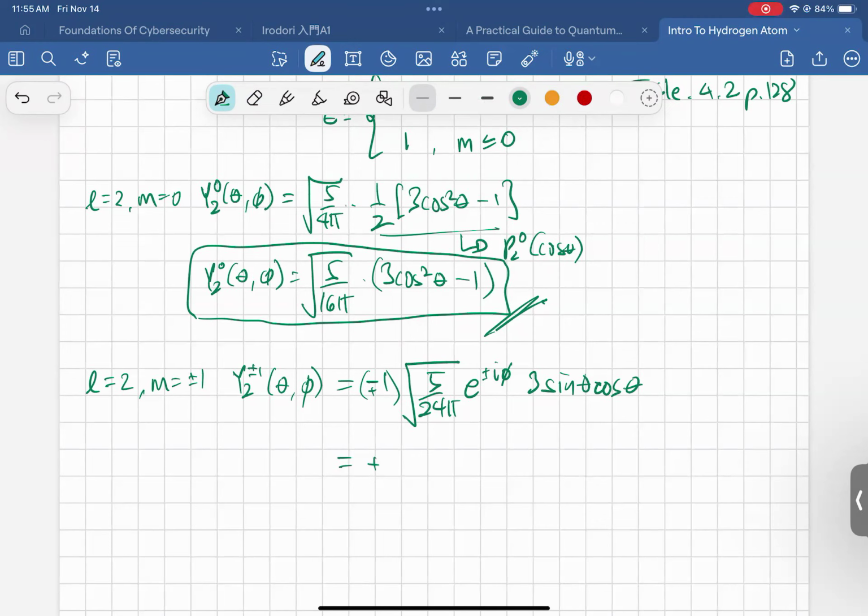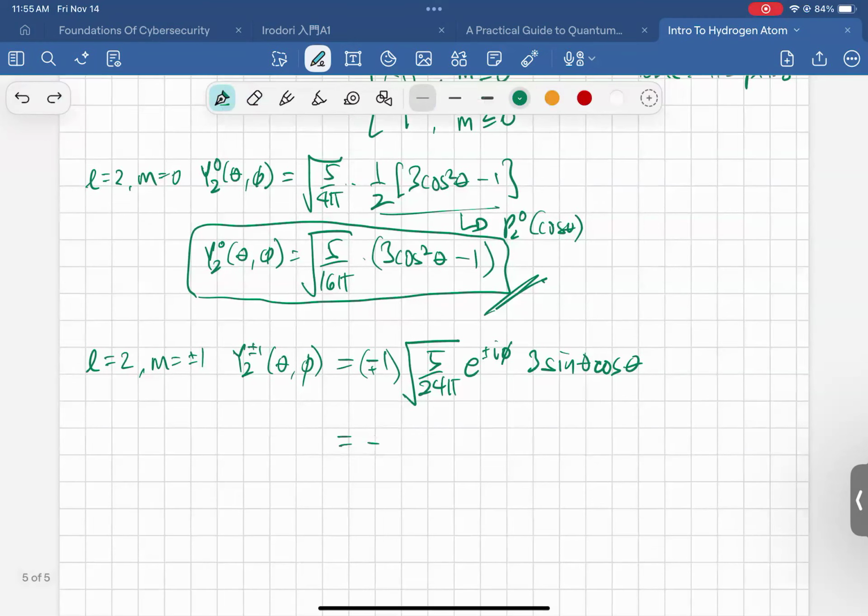Okay, so isi-simplify na lang natin itong mga solution to. So, minus plus, ngayon yung 3 papasok ko sa square root. It will give us 9 times 5. Pero yung 45, and then pwede pa natin i-simplify yan. Okay, 15 over 8 pi, square root.